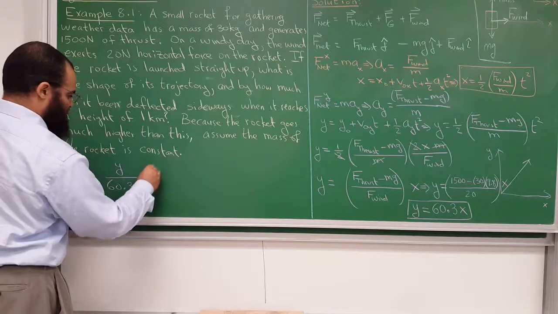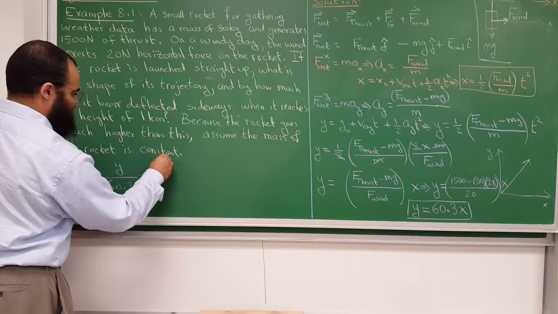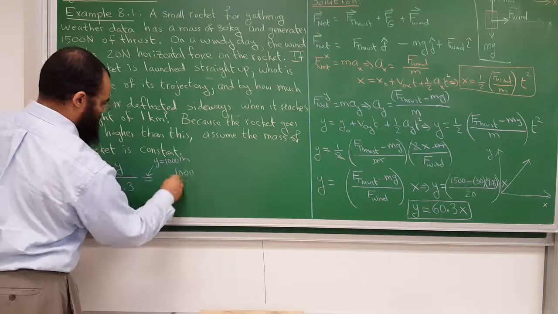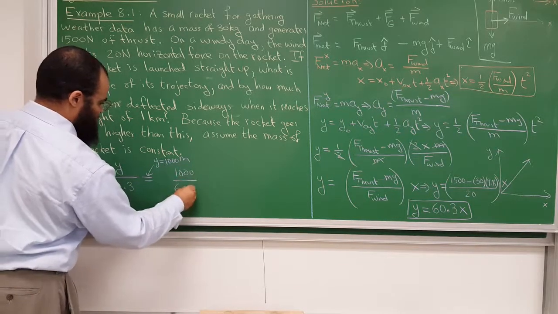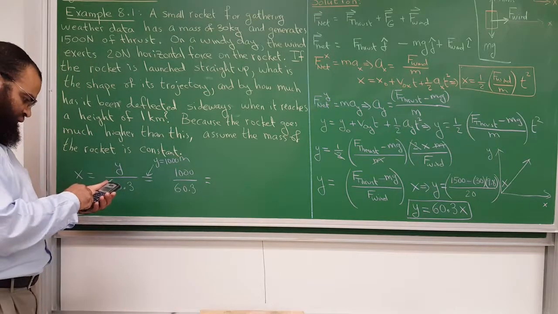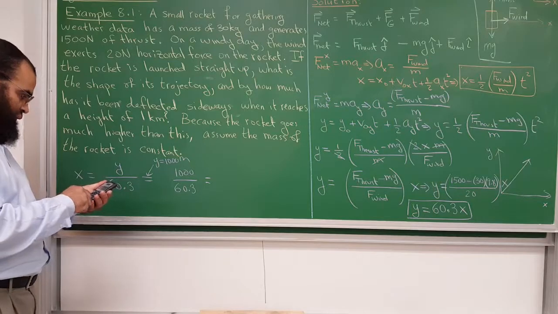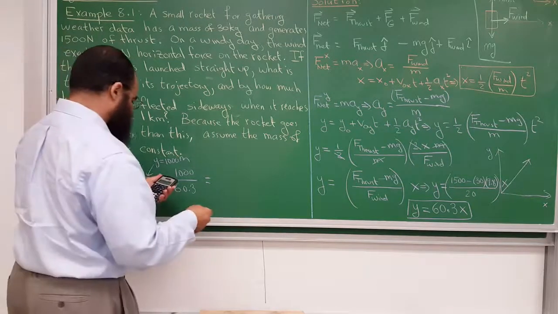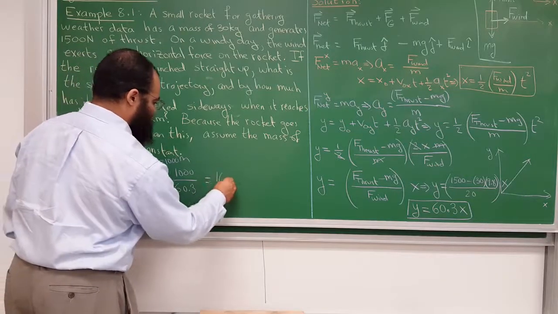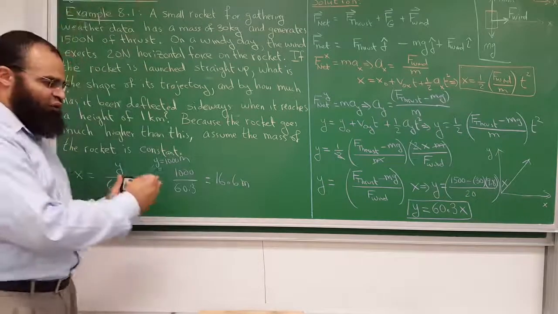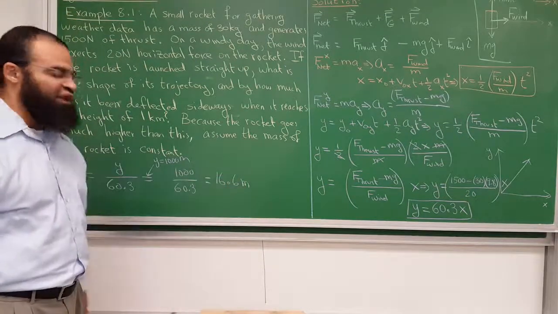So you get 1,000 over 60.3. That's about 16.6 meters. So it will rise 1,000 meters and only move 16 or 17 meters to the right.